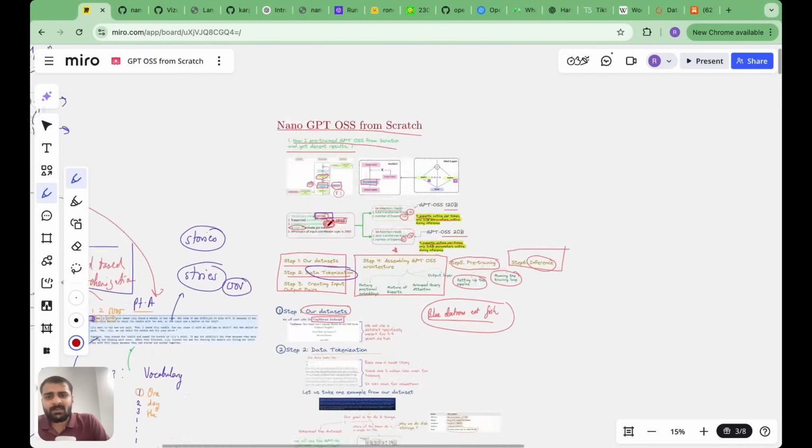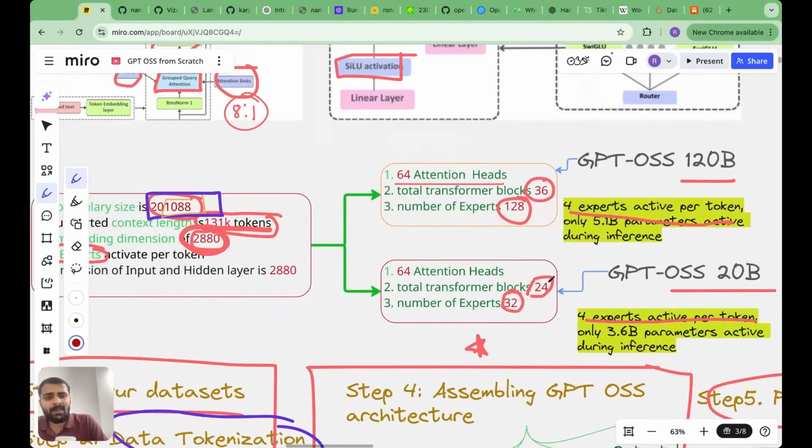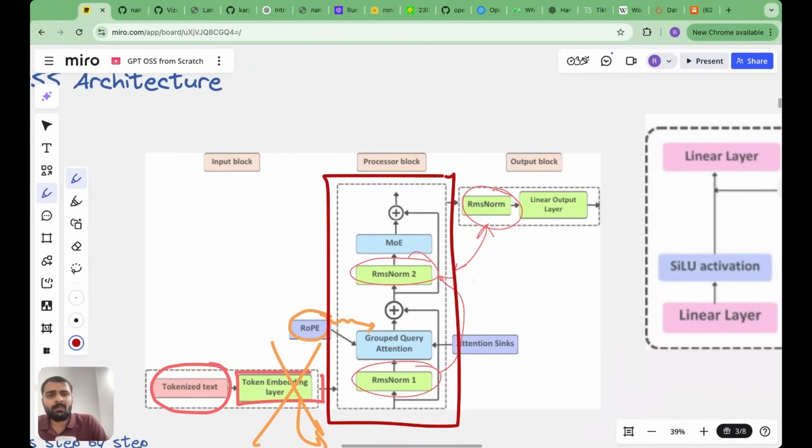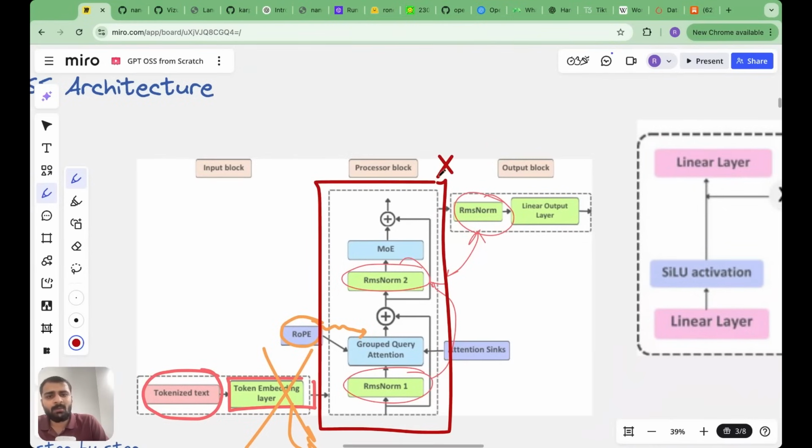And as I mentioned at the start, GPT-OSS 20 billion has 24 transformer blocks, and GPT-OSS 120 billion has 36 transformer blocks. So if we look at the 20 billion, there will be 24 transformer blocks like these. We need to decide which of these transformer blocks have sliding window and which of them have the full causal attention.